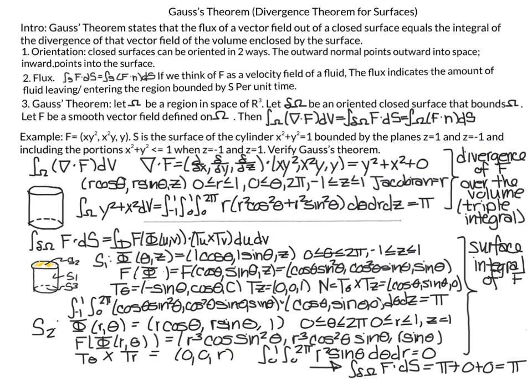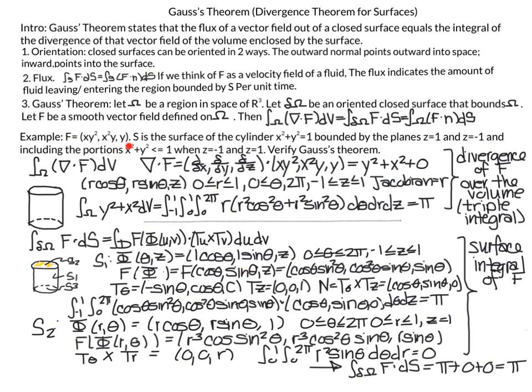Then we can do f composed of our phi. So f of theta and z will be f of cosine theta, sine theta, and z. Well, first I need to find f. Here's our f. It's xy squared, so that will be cosine sine squared.